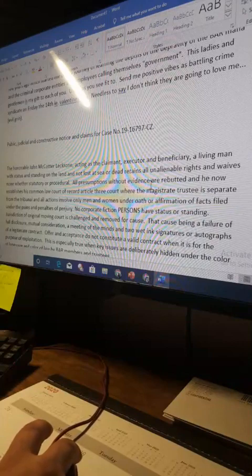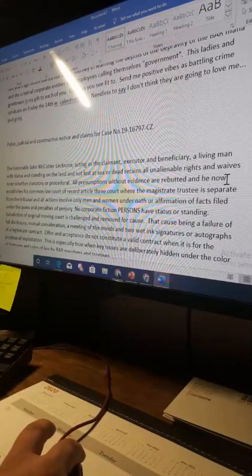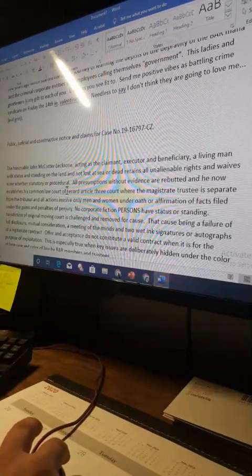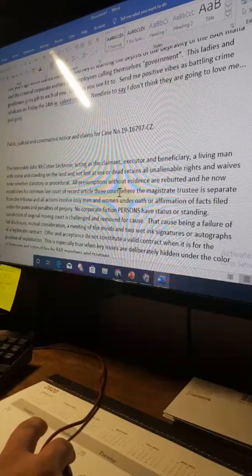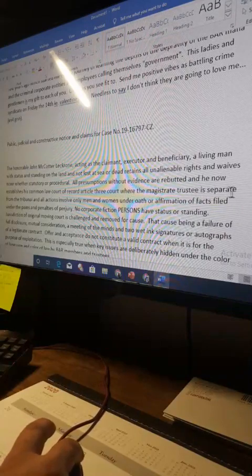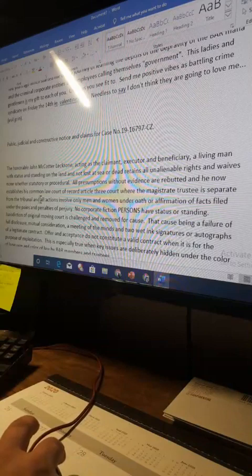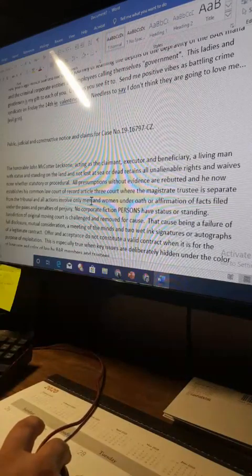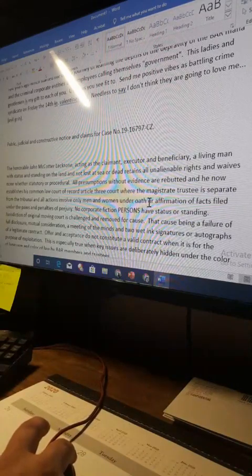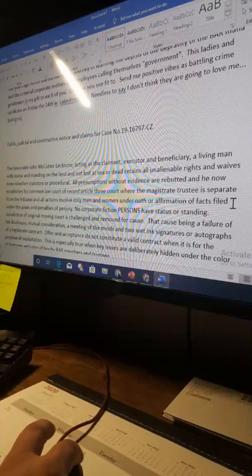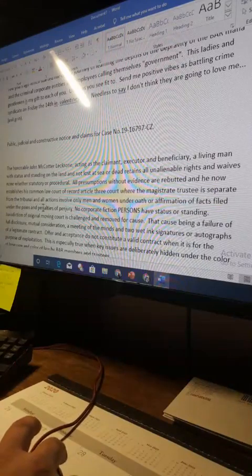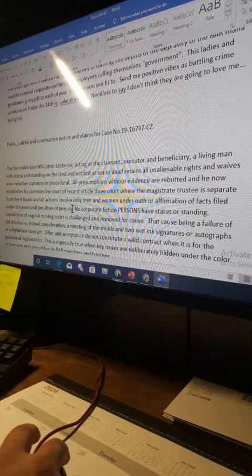All presumptions without evidence are rebutted, and he now establishes his common law court of record, Article 3 court, where the magistrate trustee is separate from the tribunal, and all actions involve only men and women under oath or affirmation of facts filed under the pains and penalties of perjury.